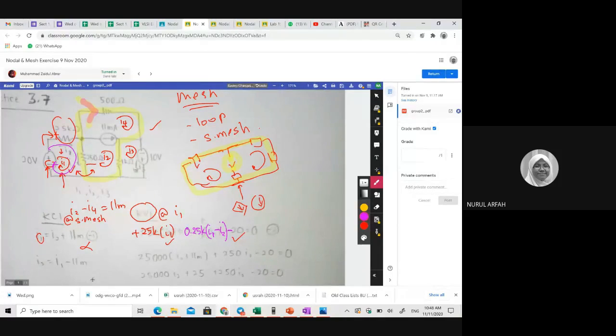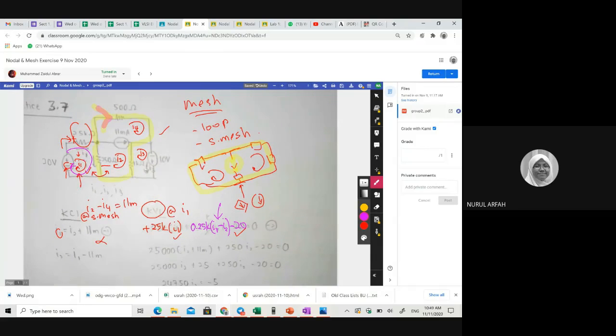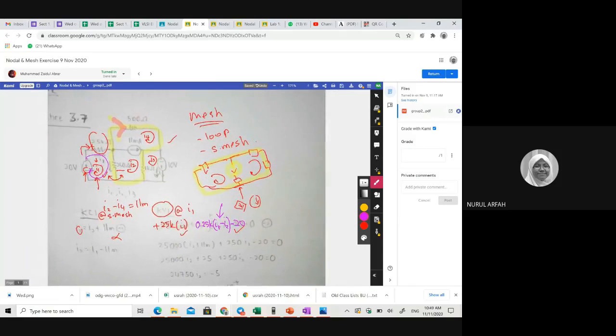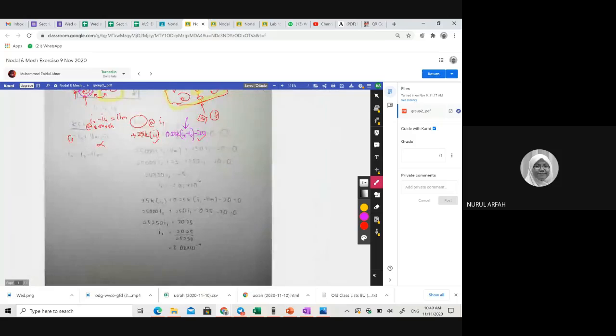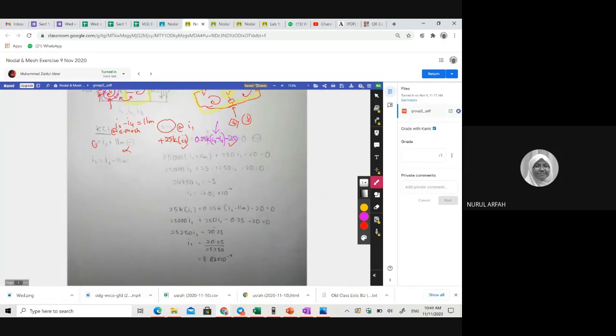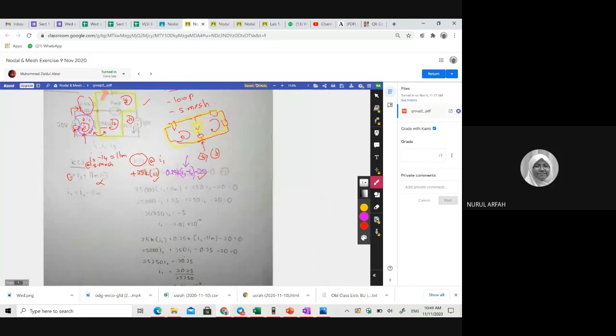Okay, minus 20. This is correct. Only this part is not right. The I2 part is not correct. Maybe because you don't understand the mesh analysis. Okay, but make sure you check my video. You do the apa panggil?